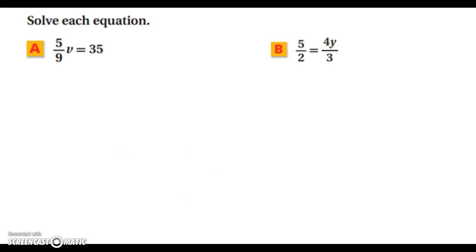Now, if you recognize that you have something being multiplied by a fraction, and you know you have to divide by that fraction to solve, well, you can just right away say, I'm just going to multiply by the reciprocal right away. Because I know that dividing by a fraction is the same thing as multiplying by its reciprocal. And what ends up happening then is, you can see 9 and 9 cancel out, you get 1 and 1.